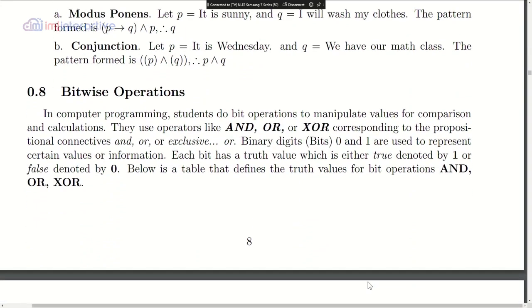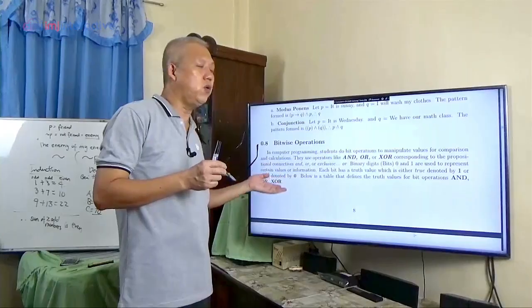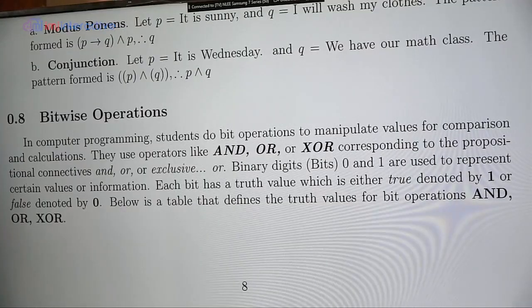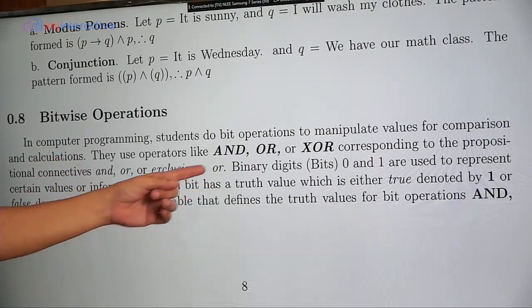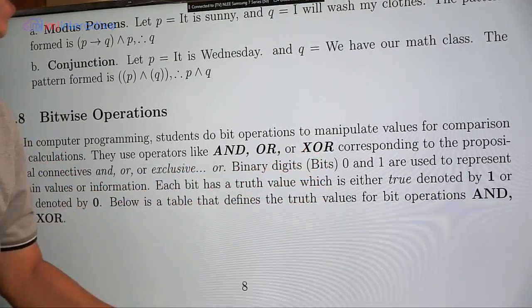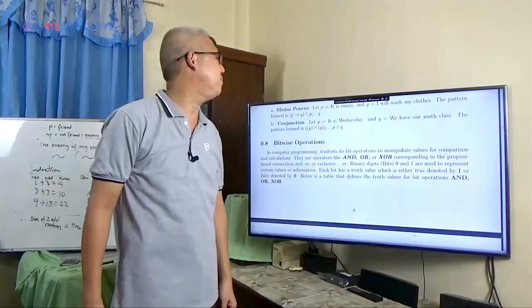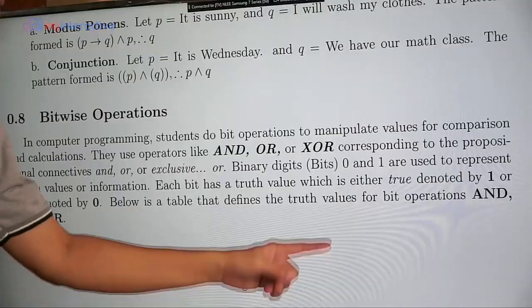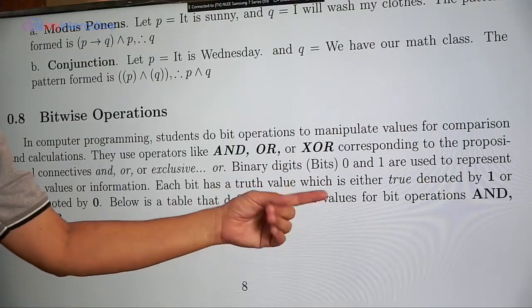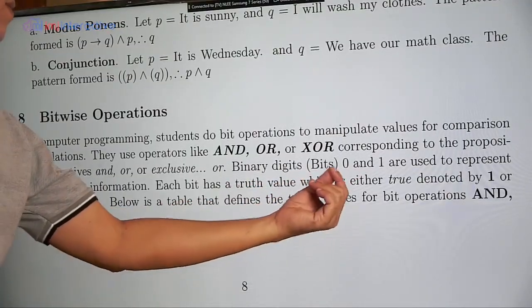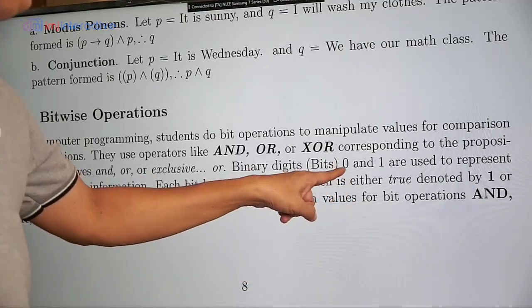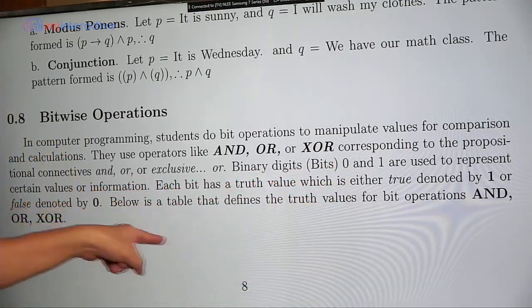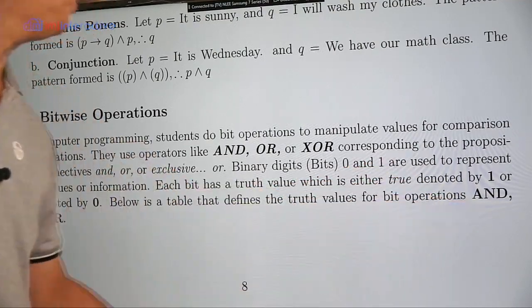The values of compound propositions are also used in the study of bitwise operations, especially by students of computer programming. They also make use of operators like AND, OR, and exclusive OR, and they use the same concept. In the study of computers, they make use of binary digits, bits, so they use 0 for false and 1 for true.